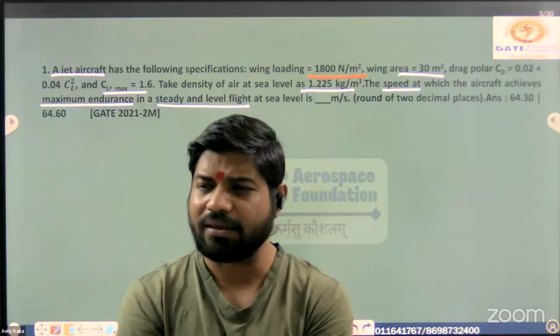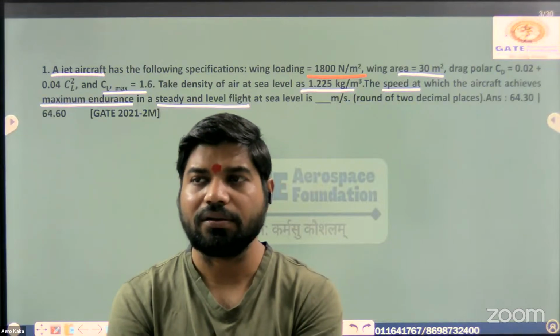For jet engine aircraft, capital R is equal to 1 upon TSFC, CL power 1 by 2 by CD, under root 2 by rho infinity S, W naught raised to 1 by 2 minus W1 raised to 1 by 2. And for endurance, 1 upon TSFC, L by D, ln W naught by W1.